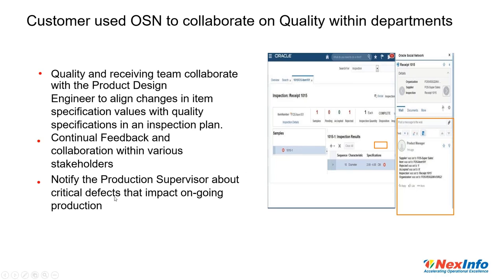Also, this was used to notify the production supervisor about critical defects that impact ongoing production. So as and when the quality processes were happening, everybody was getting notified. This was a tremendous collaboration and a big win for them. Rather than waiting to see some reports or analyze the issue after the fact, they were always in the loop and could see what's happening on the manufacturing floor.